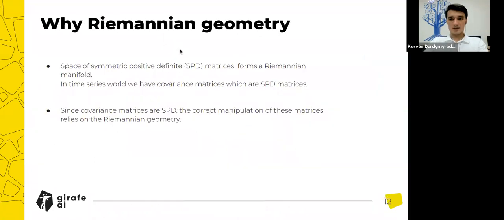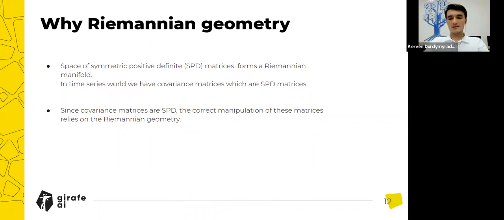Why are we using Riemannian geometry for our task? Because symmetric positive definite matrices make a manifold. All the SPD matrices of the same dimension make a manifold.